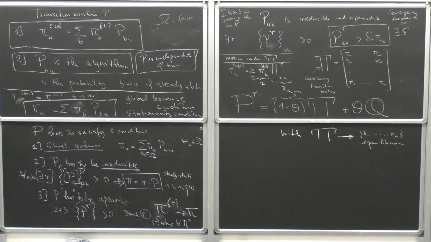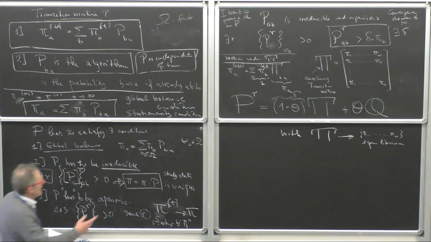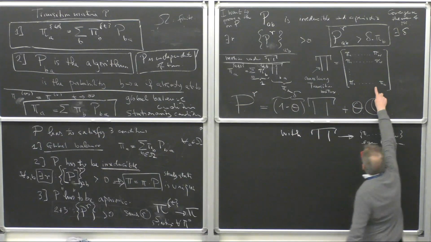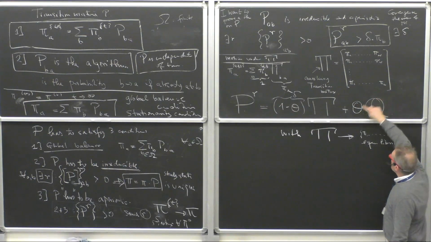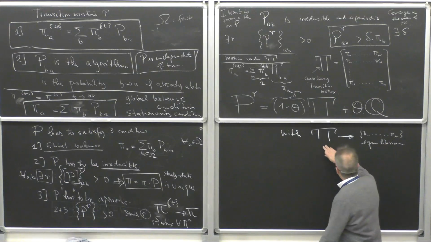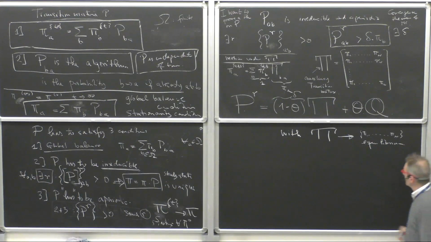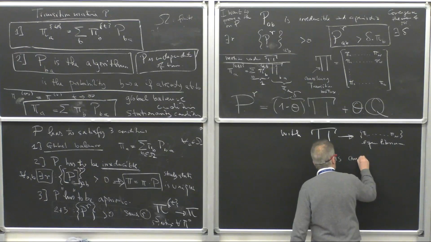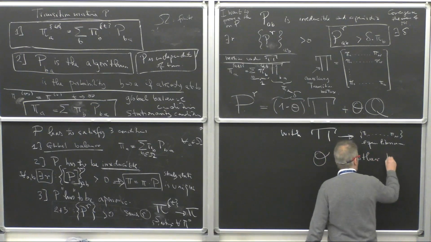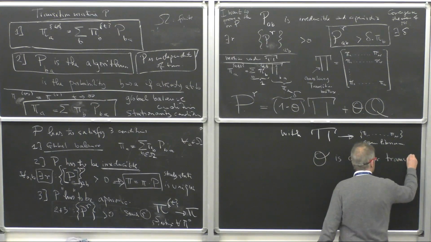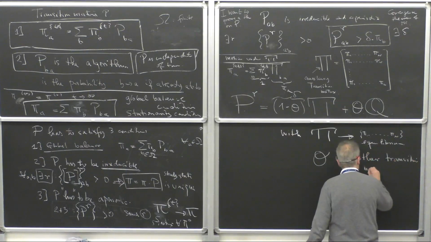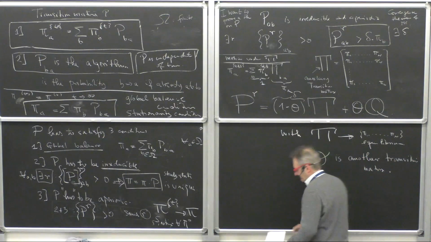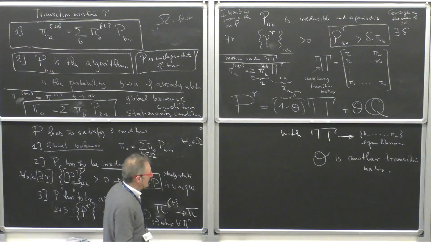Pi to the power r is a positive matrix. Any element is larger than delta. So I take delta times this matrix plus something. So Pi is equilibrium, and Q is another transition matrix.